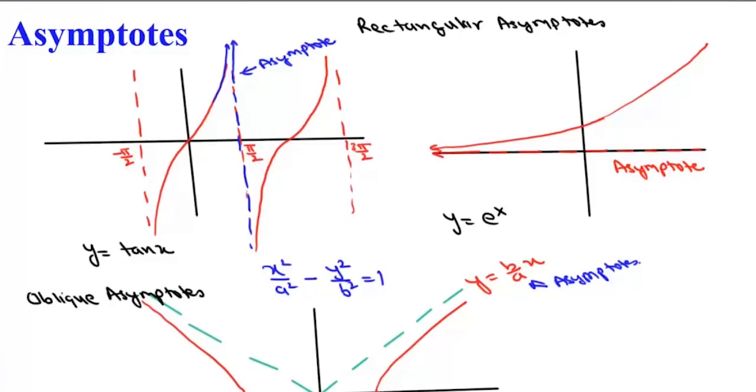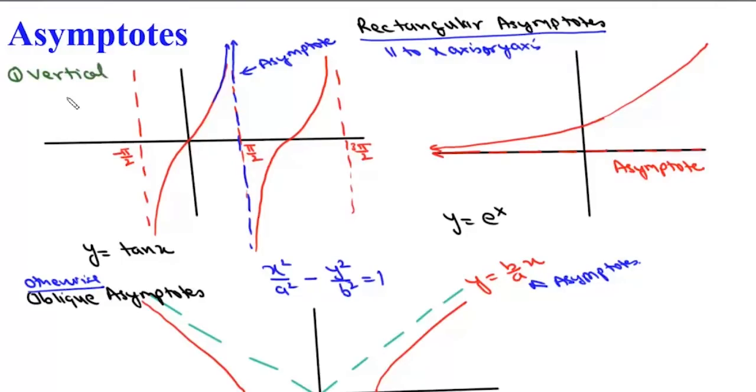Now, if the asymptotes are parallel to x-axis or y-axis, we say they are rectangular asymptotes, and otherwise we say the asymptotes are oblique. Now in rectangular also, we have two types. First one is vertical asymptotes. And the second is horizontal asymptotes.